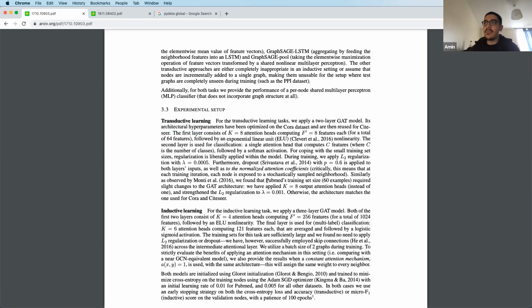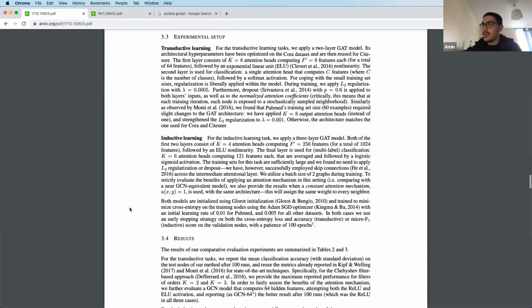For the PubMed data set, they changed the model. So instead of having one attention head in the output as was applied to the other data sets, they keep 8, and they strengthen regularization. So just basically more regularization.